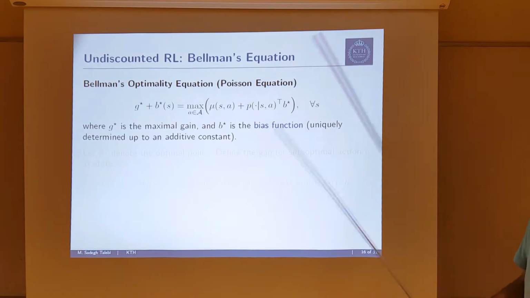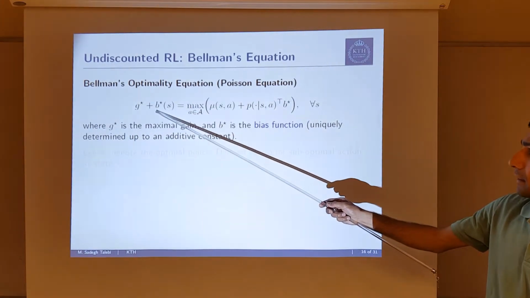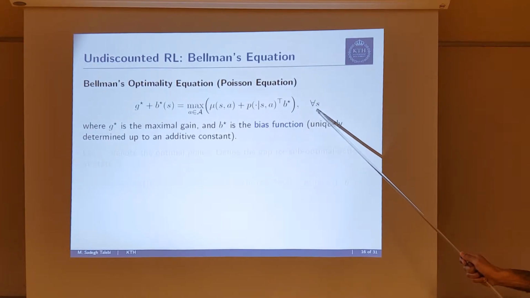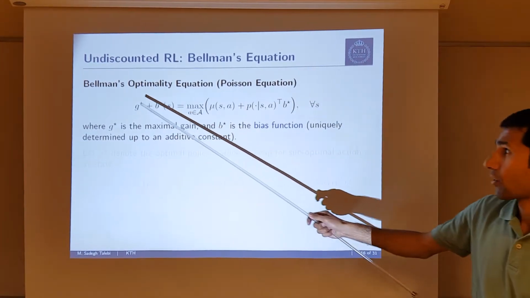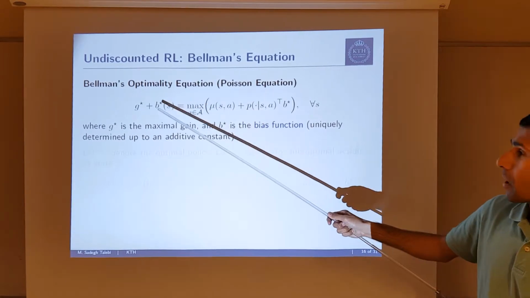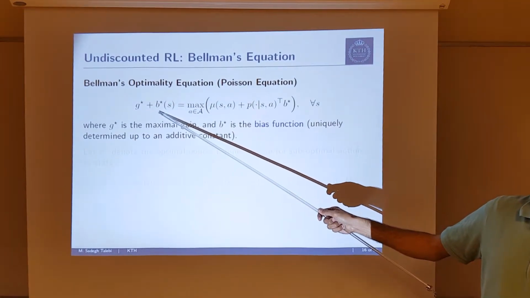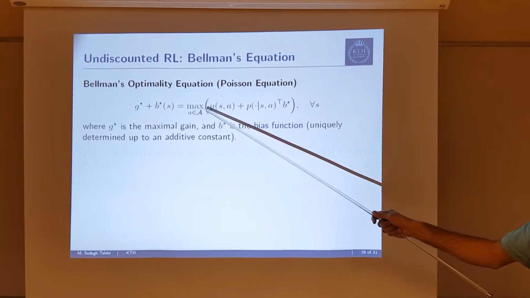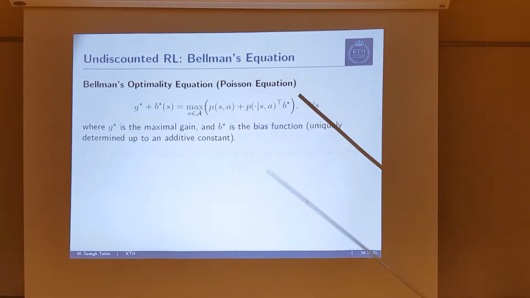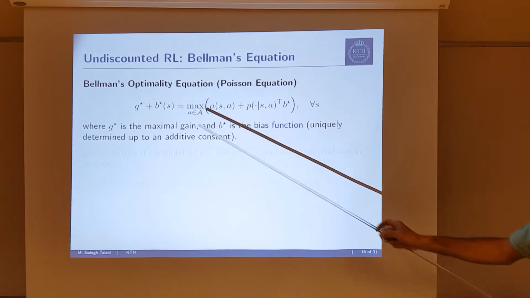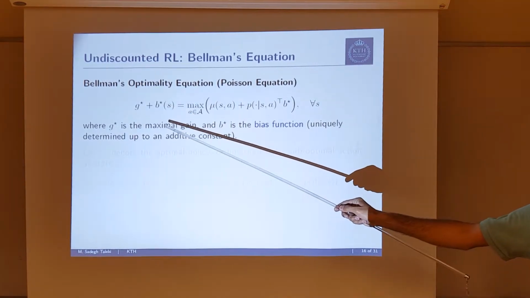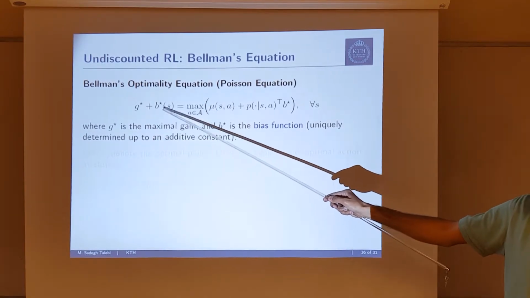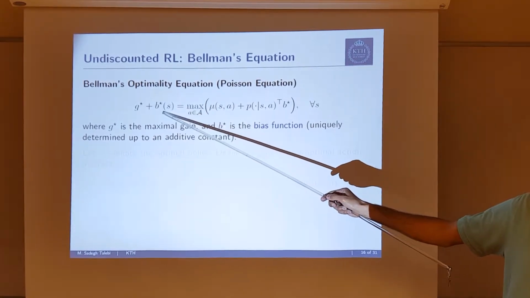So the optimal policy satisfies this set of fixed point equations: for any state S, G star plus some function B star, which is a function of a state, is equivalent to the max of this plus this. Well, this B star is viewed here both as a function and as a vector. So let's treat it as a vector.